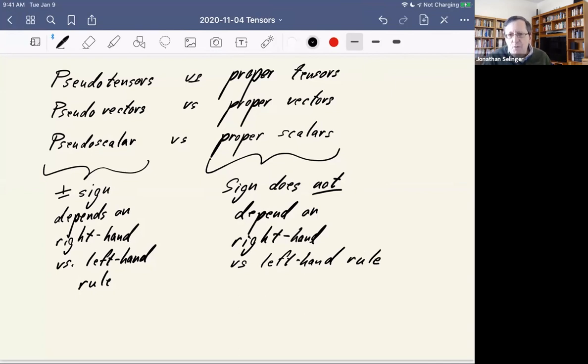And it means that when you're looking at a mathematical description, you could say that the objects in this column have an odd number of epsilons, and the objects in this column have an even number of epsilons.